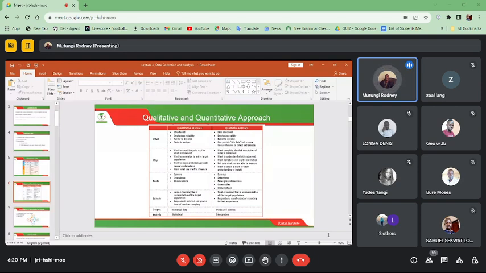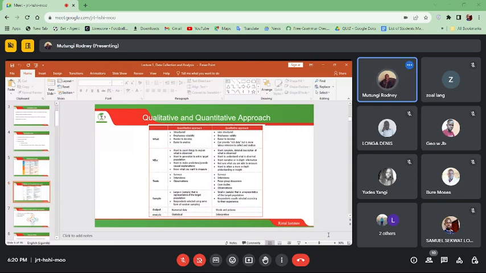But if you want some simple information about perhaps the stunting level of the community, you can just get it through quantitative methods, where you assess, you give them some interviews, and then you design your analysis protocol, and you analyze faster, and then you can get your results.